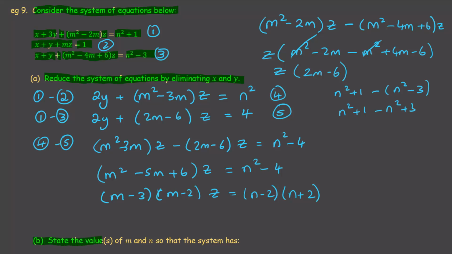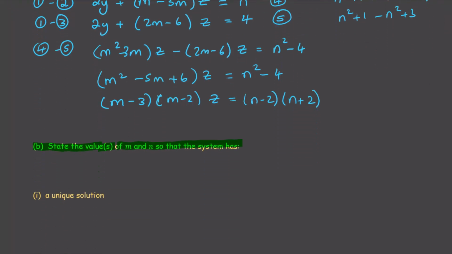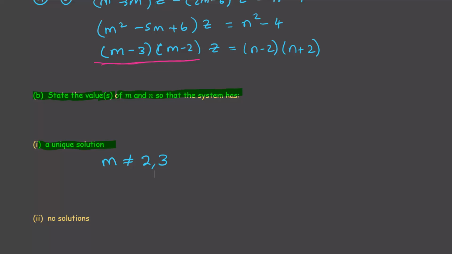So we now want to state the value or values of m and n. So the system has, firstly, a unique solution. Well, all we need for that is for this coefficient to not be 0. So that is just going to be m is not equal to 2 or 3. We now want no solutions.